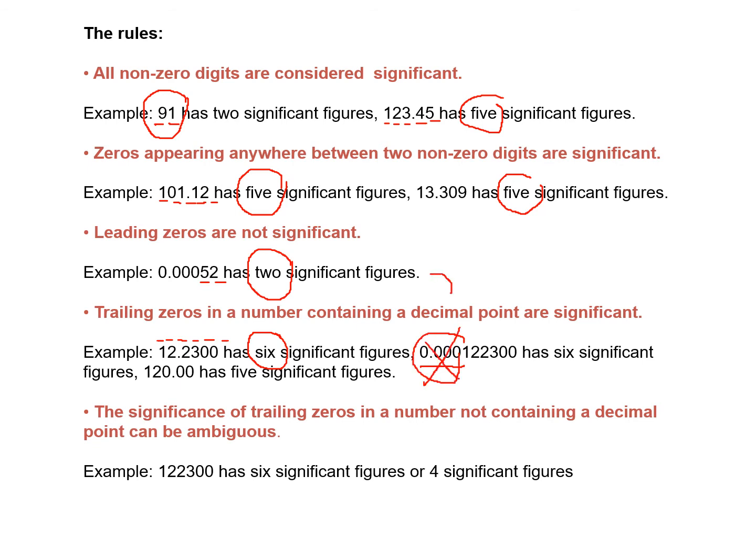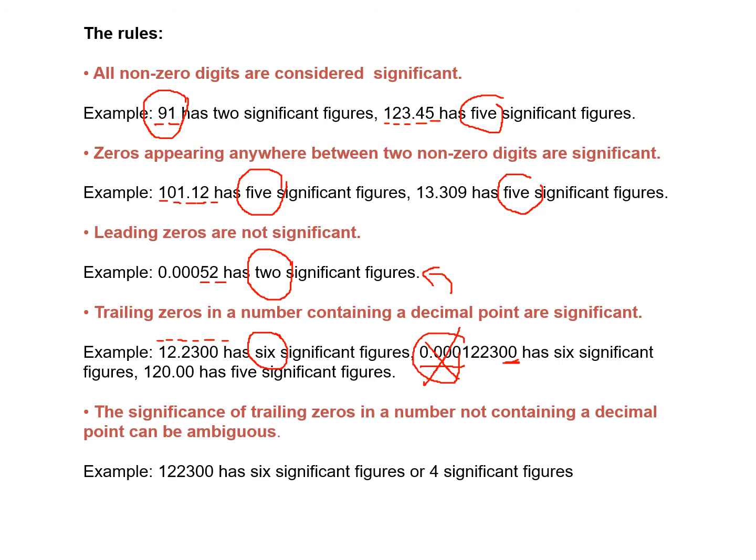Leading zeros are not significant, but after the number, after we count 1, 2, 2, 3, 0, 0, we have to make sure that we count the trailing zeros on the decimal point, which are also considered significant figures.